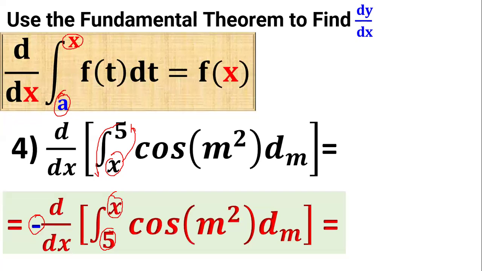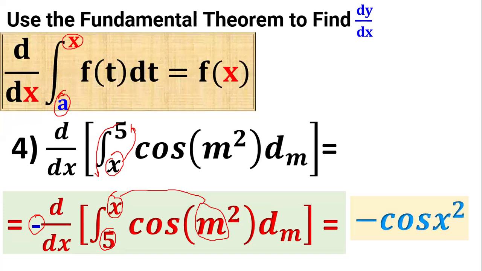Now, after expressing the constant at the bottom and the variable at the top, we can apply the direct rule we discussed before in examples 1 to 3. Therefore, t will be replaced by x. The answer will be negative cosine of x squared. Done.